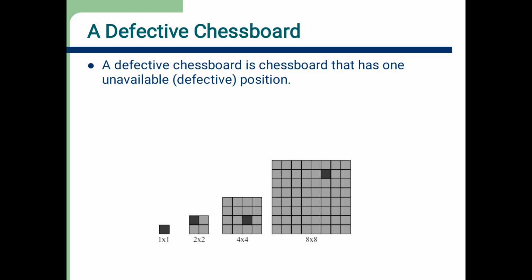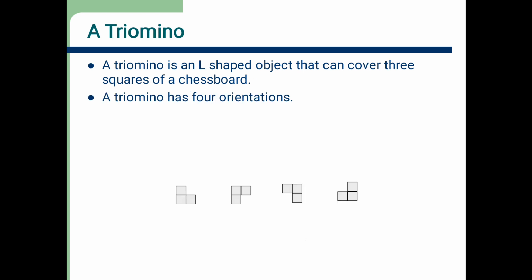A defective chessboard is a chessboard that has one unavailable position, and a tromino is placed at the center with one square in each of the other quadrants of our board. Given an n by n board where n is of the form 2 power k, where k is always greater than or equal to 1, fill the board using L-shaped tiles.